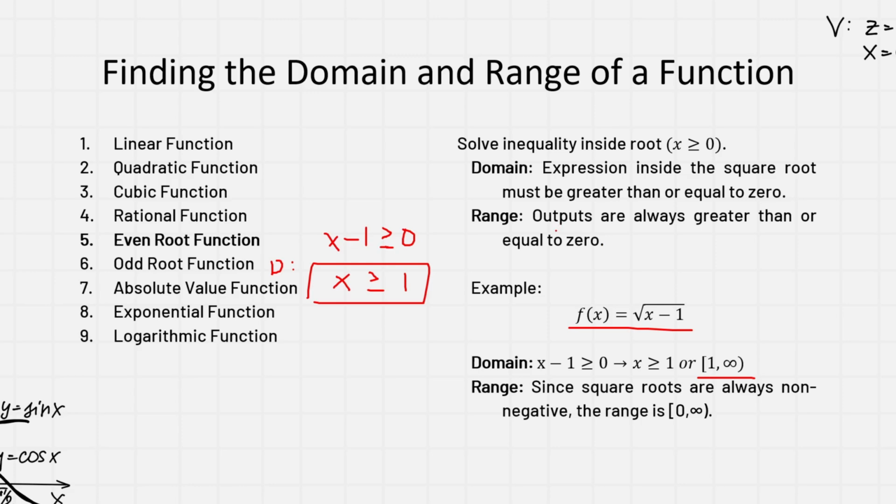Next, output. Always assume that the output of f of x is always greater than or equal to 0. Because in a function, we're just taking the principal root, or the positive value, of an even root function. If you're dealing with an even root function, we always get the positive value here.